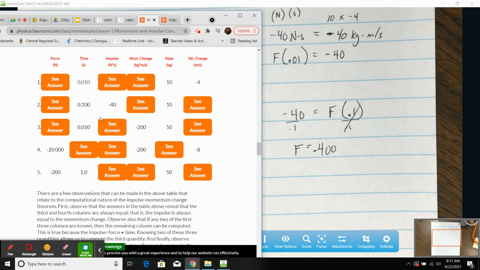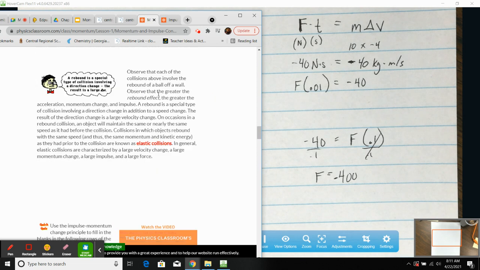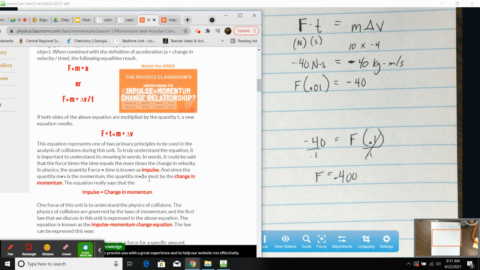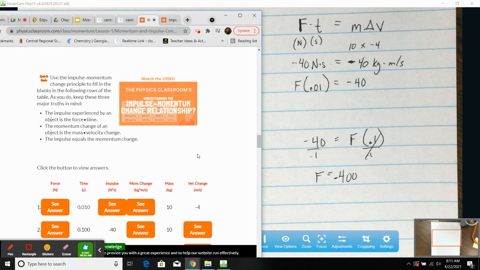Now, if we know what the impulse is, what is the momentum change going to be? Again, up way over here, impulse equals the change in momentum. So if you know what impulse is, change in momentum is the same value. They just have a different unit.